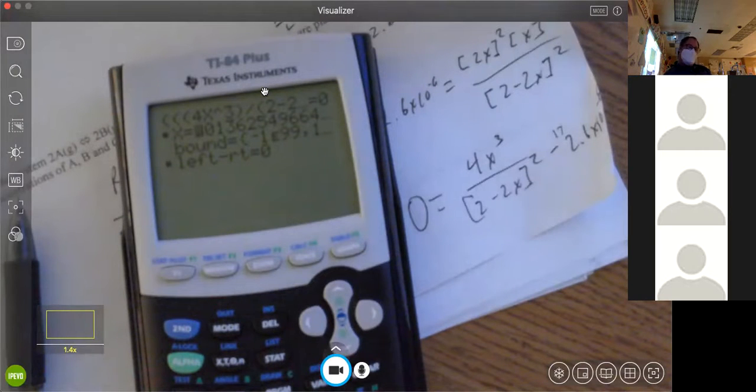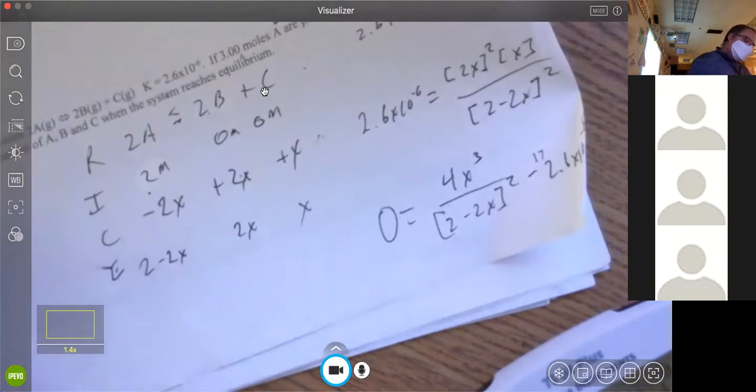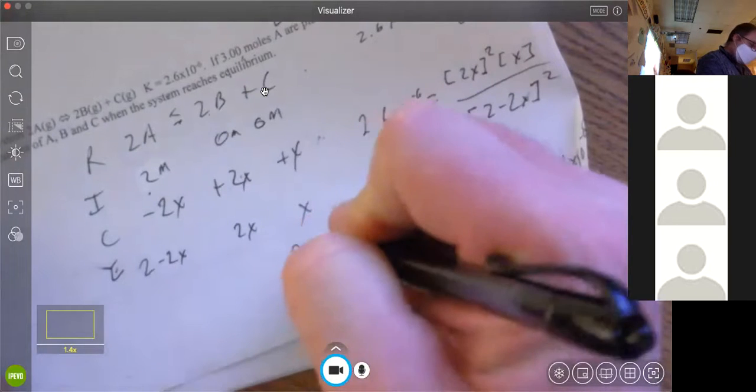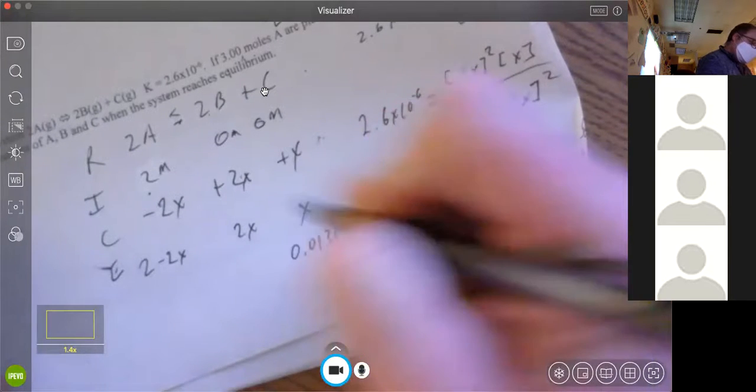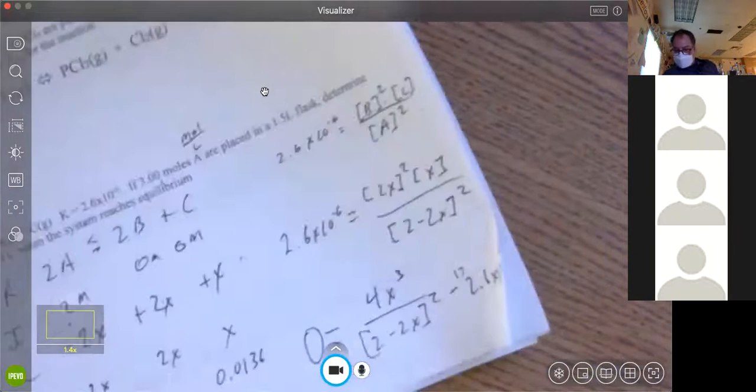X equals 0.0136, right? So then we can actually put 0.0136 for X. And then here we would have 2 times 0.0136.